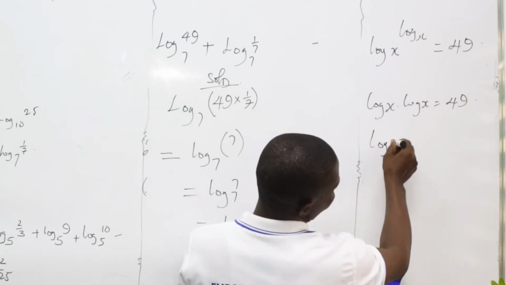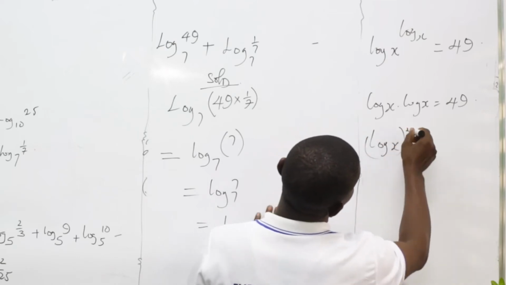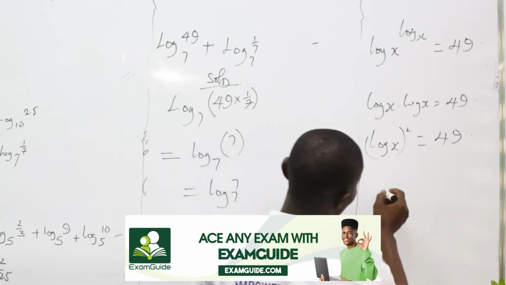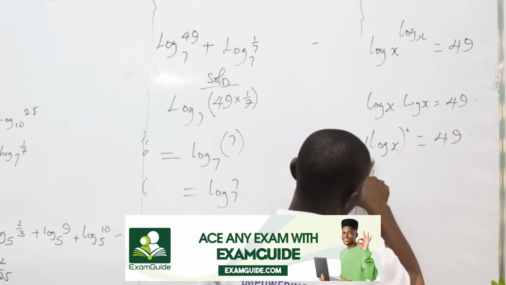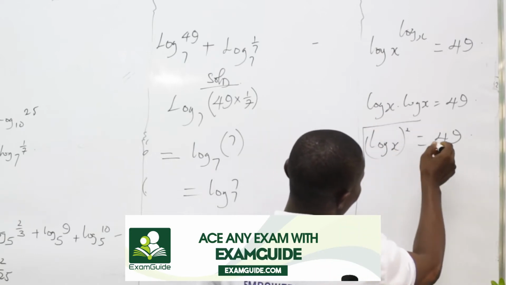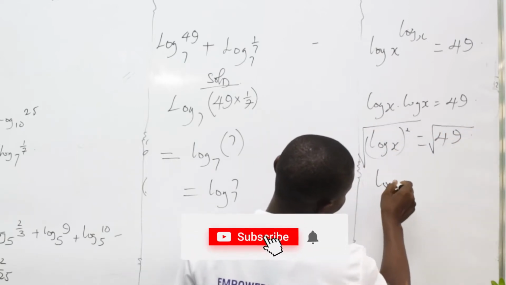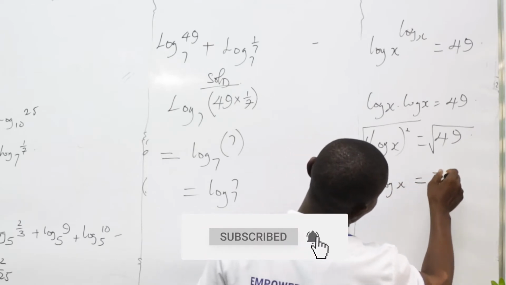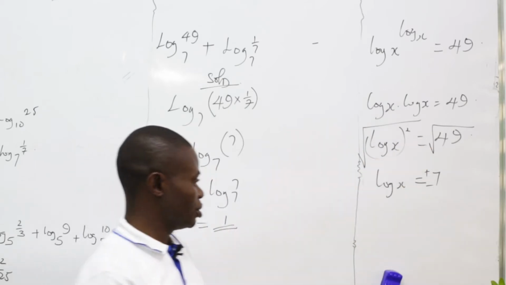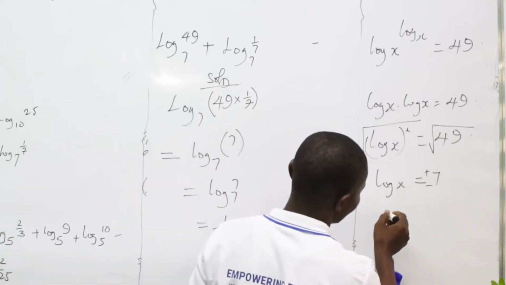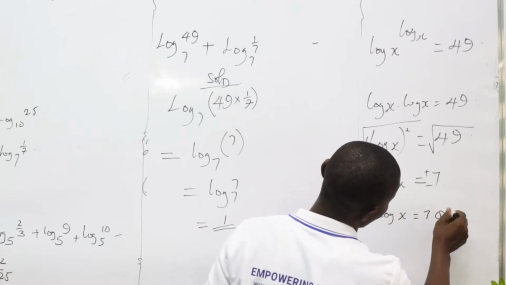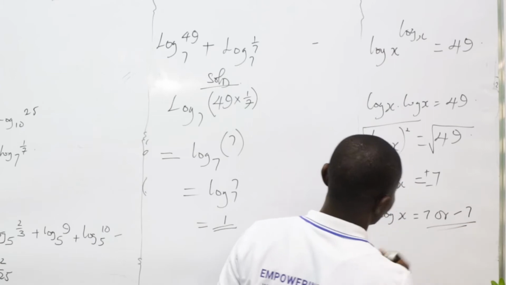Meaning log x squared equals 49. Since you have square, you take the square root of both sides. Taking the square root of both sides, log x equals who? 7, plus or minus 7, because you are dealing with square root. So this means log x equals 7 or minus 7.